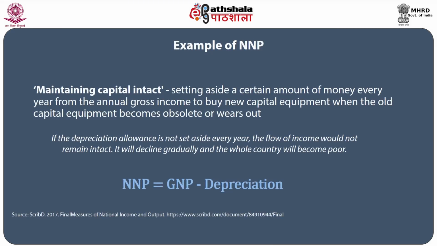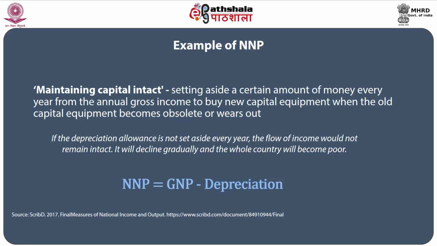In economics, by the phrase maintaining capital intact is meant to make good the physical deterioration which has taken place in the capital equipment while creating income during a given period. This can only be done by setting aside a certain amount of money every year from the annual gross income, so that when the income creating equipment becomes obsolete, new capital equipment may be created.